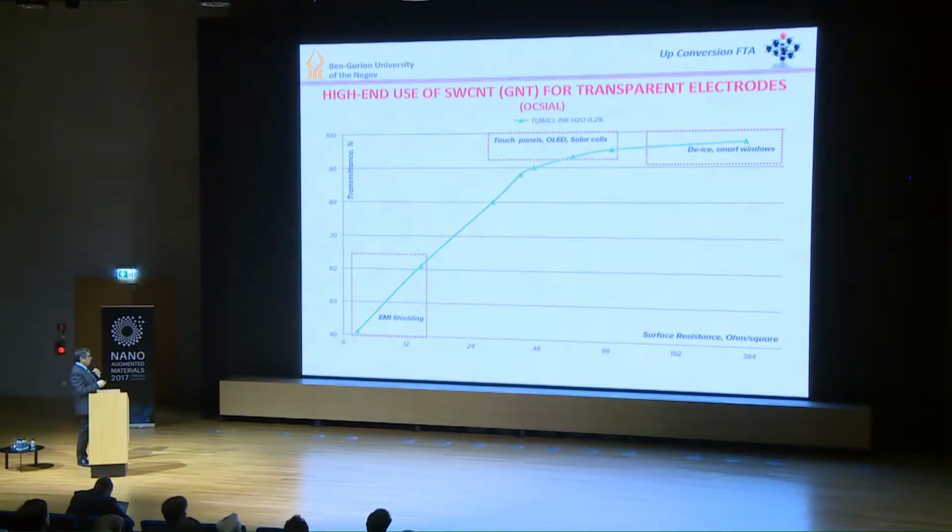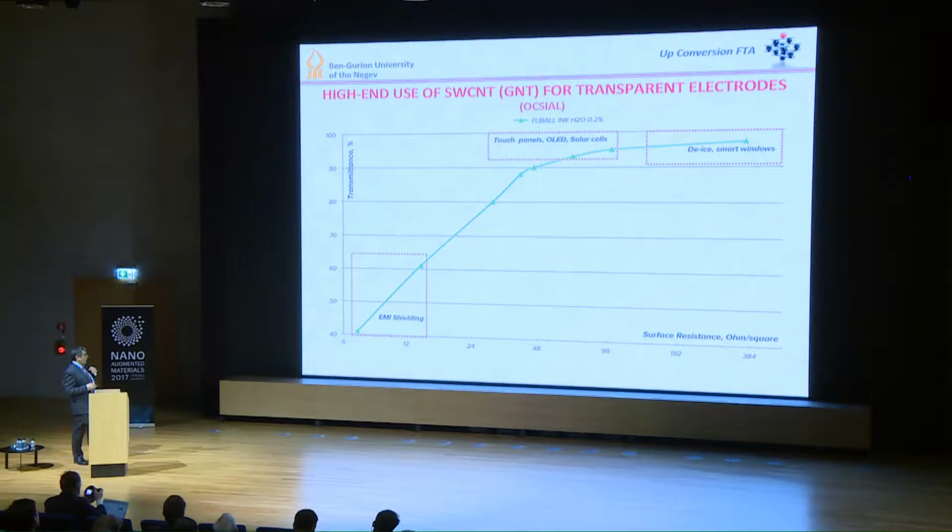Okay, generally speaking, this is an old view graph of Coaxial describing the application of carbon nanotube for transparent electrode and other applications, as a function of the transmittance as a function of the surface resistance or the sheet resistance.